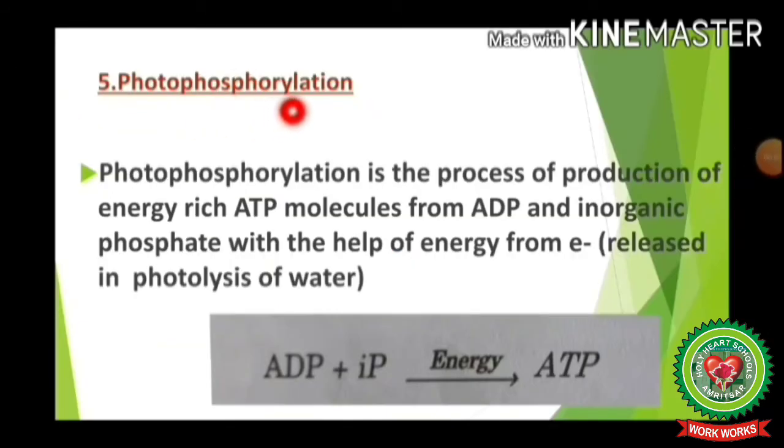Last step is photophosphorylation. Photo means light, phosphor means phosphate, rylation means addition. Photophosphorylation is the process of production of energy-rich ATP molecules.